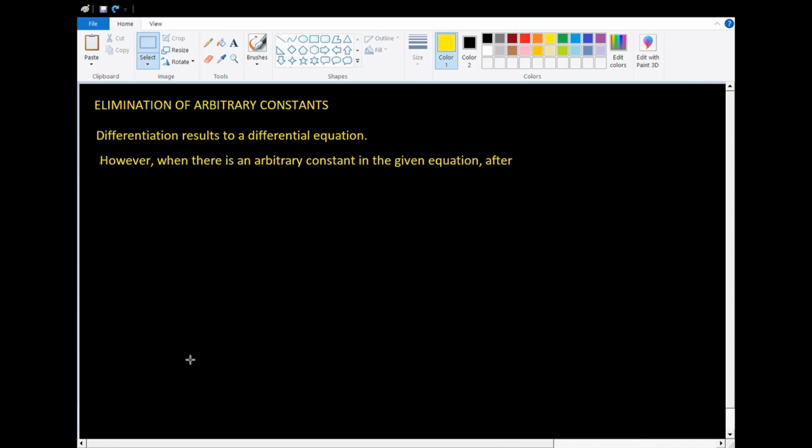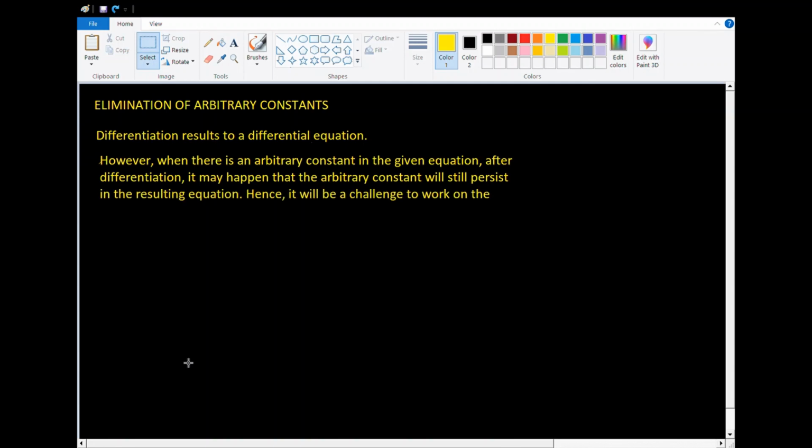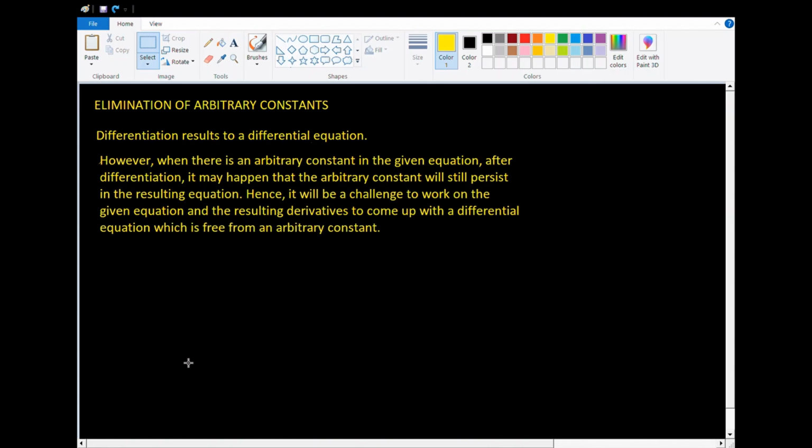However, when there is an arbitrary constant in the given equation, after differentiation, it may happen that the arbitrary constant will still persist in the resulting equation. Hence, it will be a challenge to work on the given equation and the resulting derivatives to come up with a differential equation which is free from an arbitrary constant.